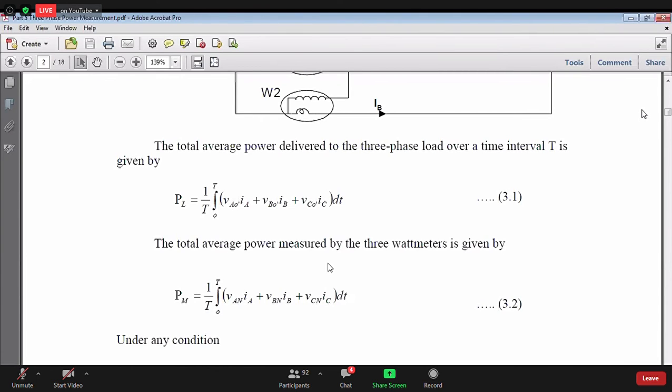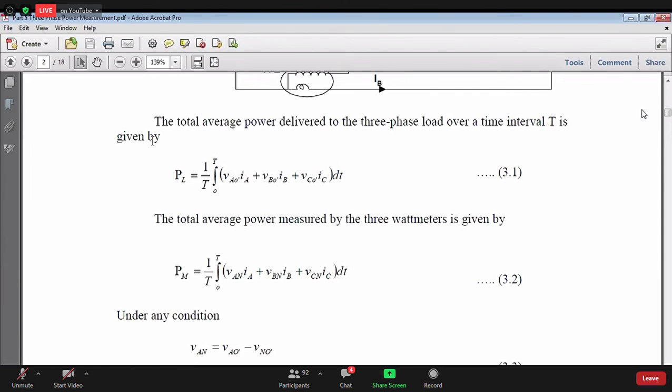Then again we integrate and divide. So now I have two power quantities: one is the load power PL, actually the power drawn by the load, and another one is the measured power.